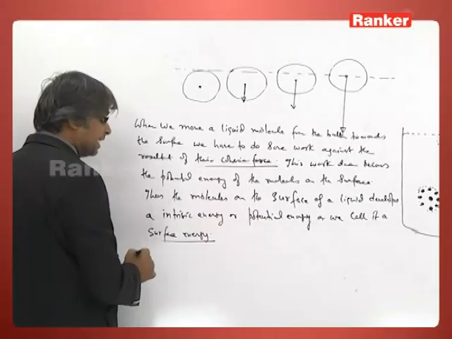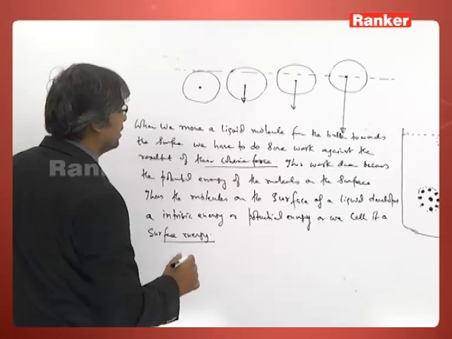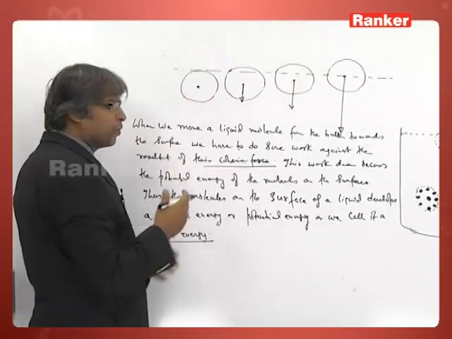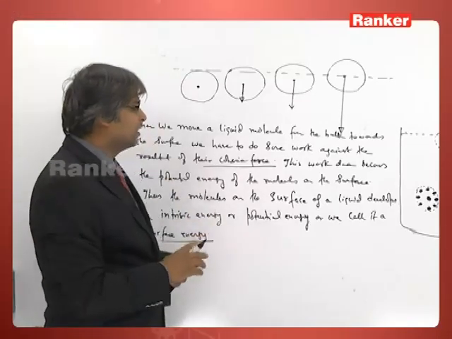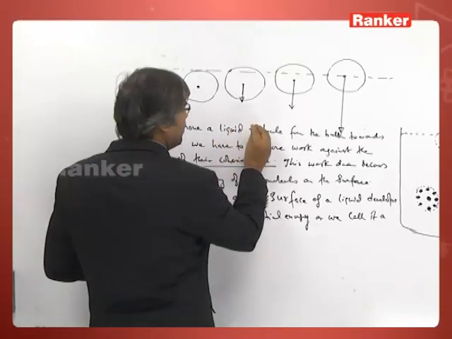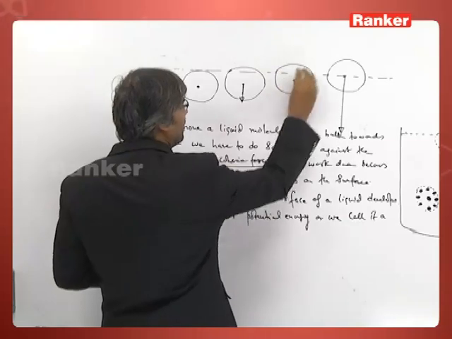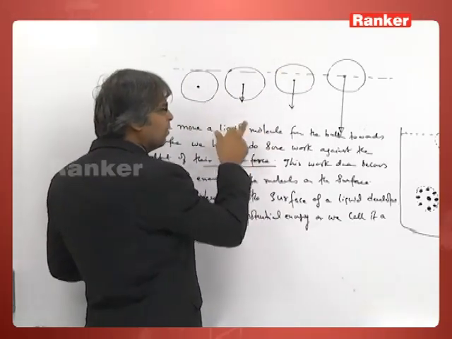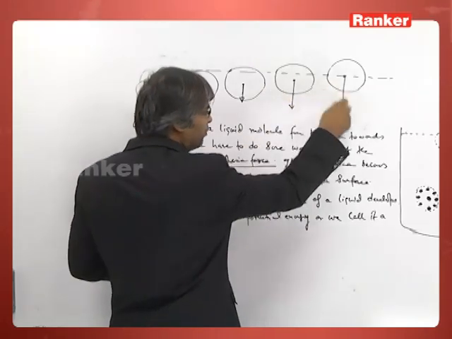So, the surface energy is the potential energy of the molecules on the surface. So, from where does this energy come? This energy comes when we bring the molecules from the bulk to the surface, in which we have to do some work against the resultant of these forces.